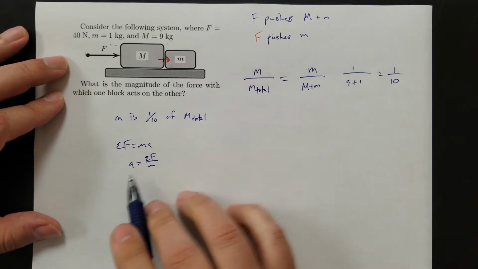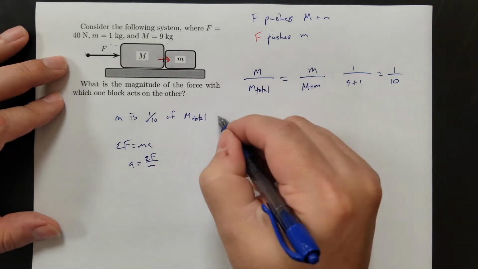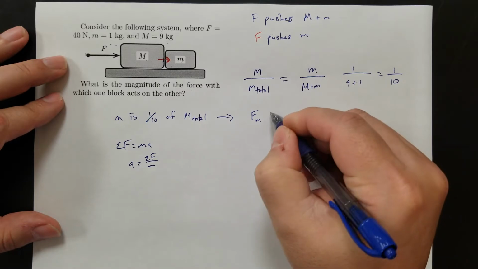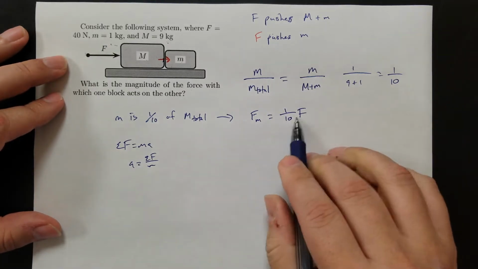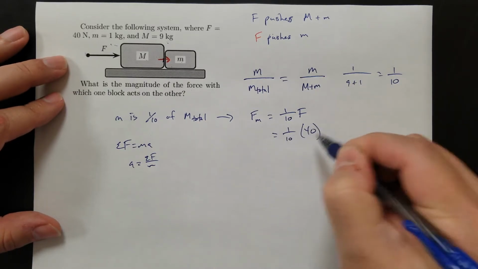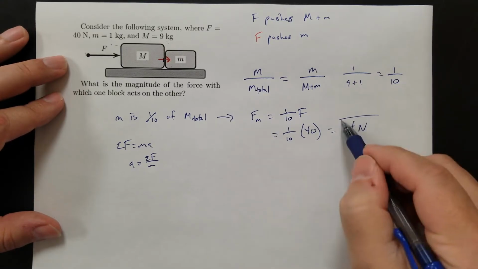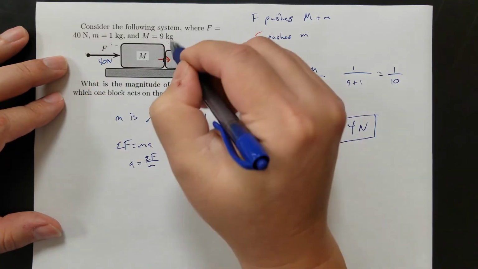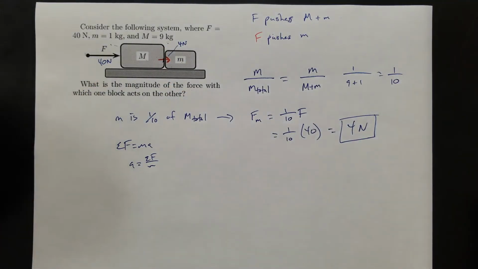So my force on the little mass is 1/10 of my total force, which is 1/10 of 40. 1/10 of 40 is 4 newtons in my case. So if this is 40 newtons, this force here is 4 newtons pushing on that one.